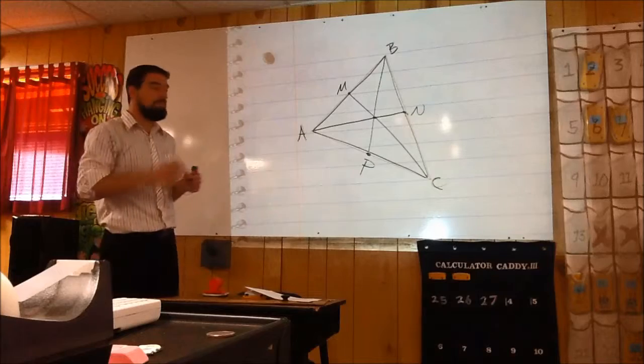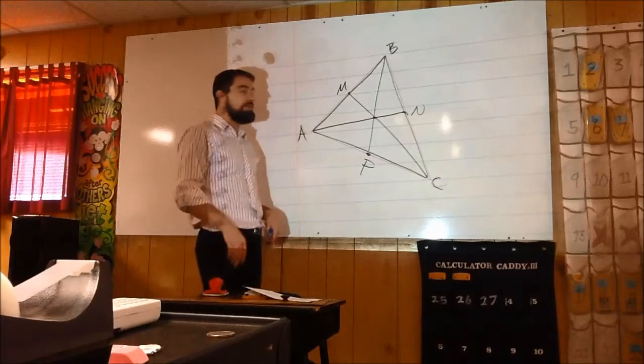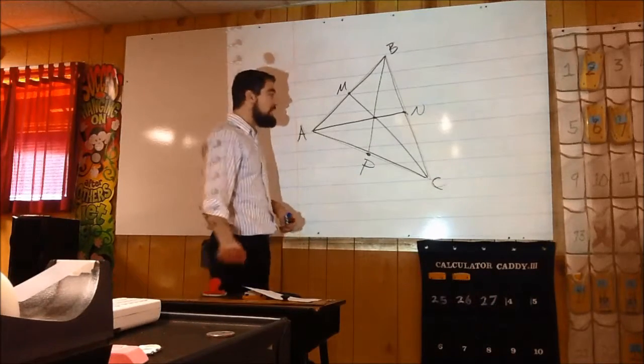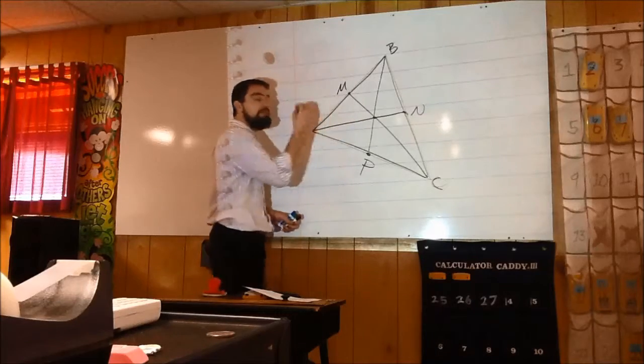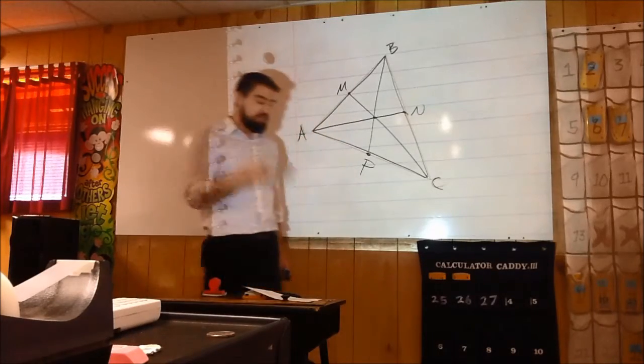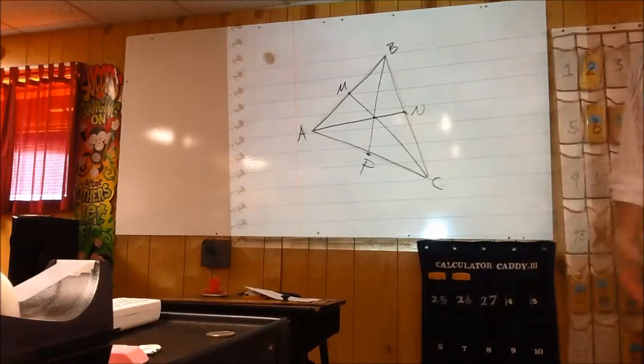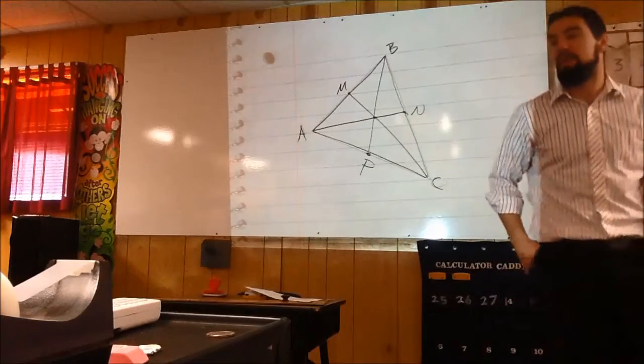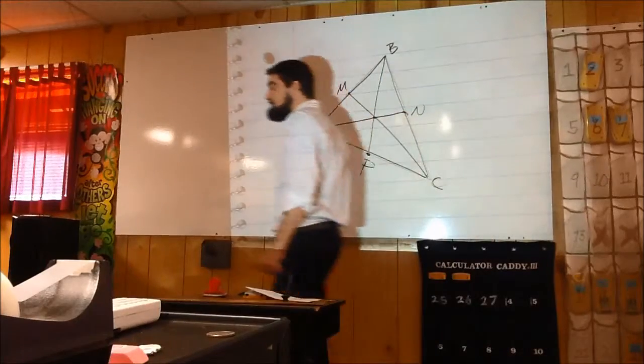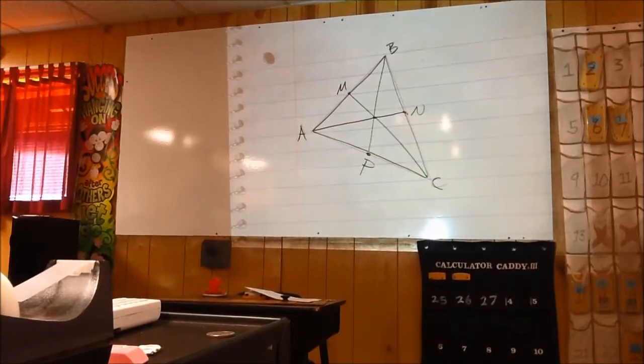You may have to move one endpoint, but these should be concurrent. They should all meet at the centroid, but this for us is just a quick sketch. That's why it's not going to be perfect. It'll be okay. Just make it look like they are concurrent. This is just a visual for us.